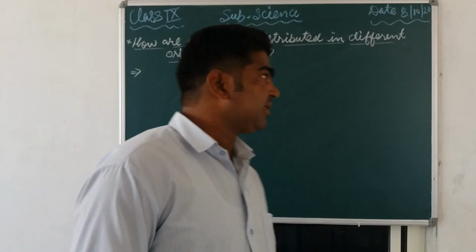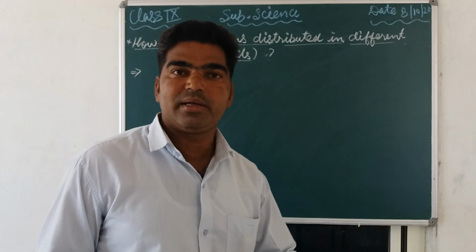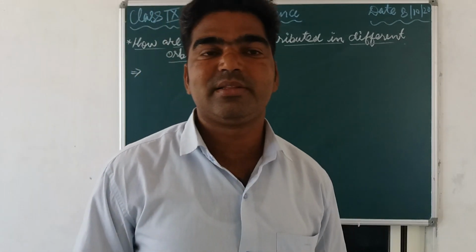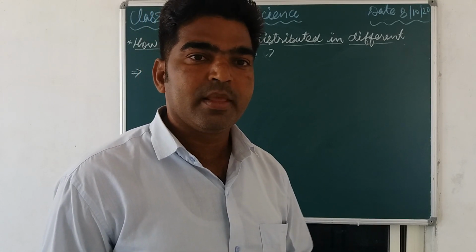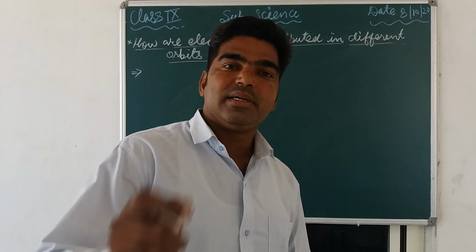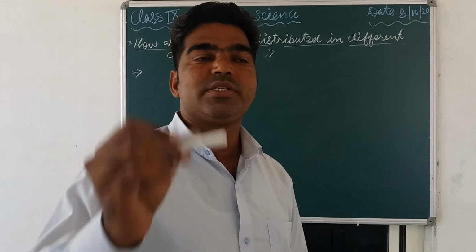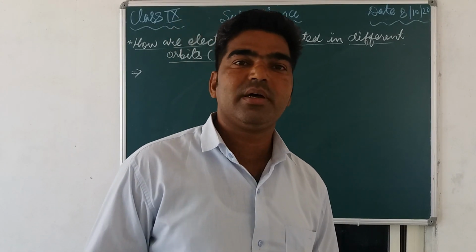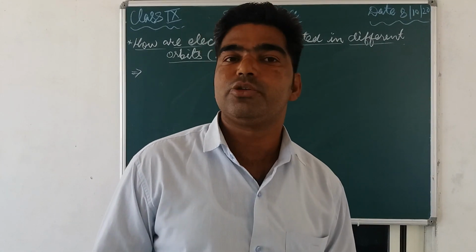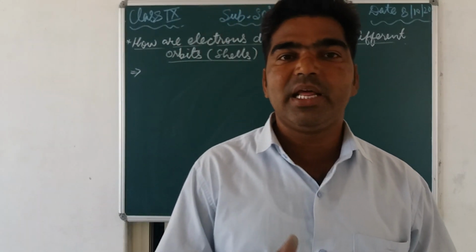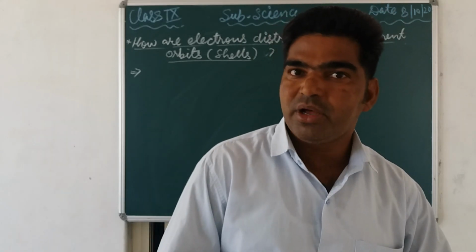Now we are going to discuss Niels Bohr's model. As you know, in the third model given by Niels Bohr, he suggests that electrons revolve in a fixed circular path around the nucleus, and that fixed circular path is known as the energy level, or you can say the cell or orbit.